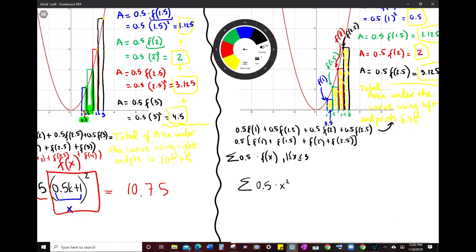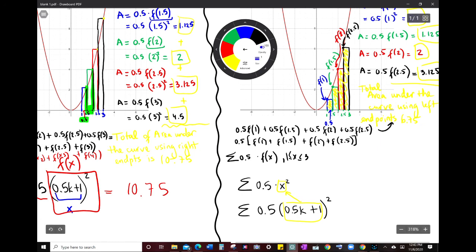That's why I will convert it as 0.5, and then I replace x by x of k, sorry, my equation is 0.5k plus 1 and then squared, because the whole thing right here is equivalent to my x. And by using k, it allows me to use the whole number.